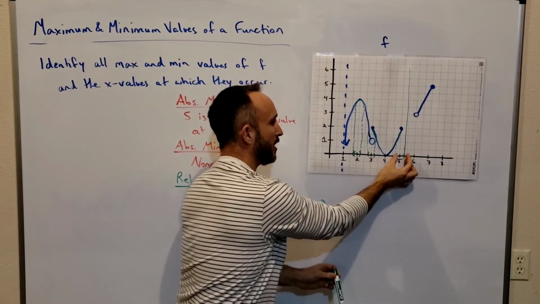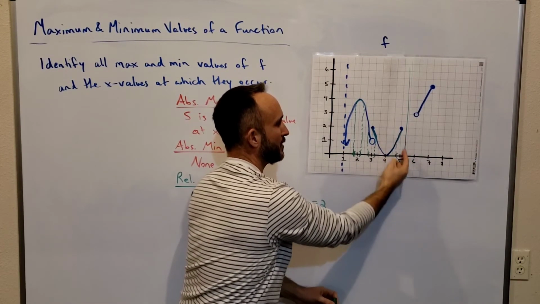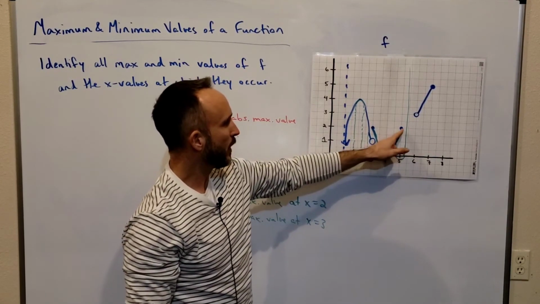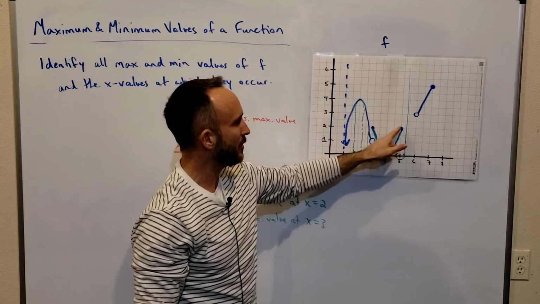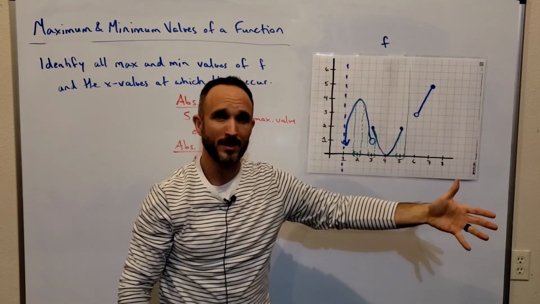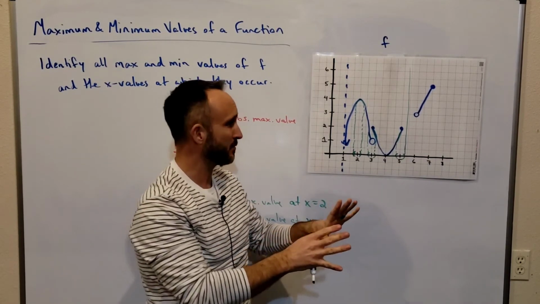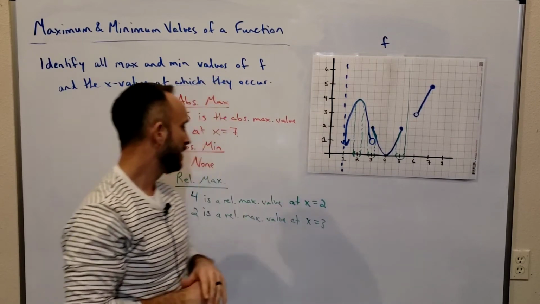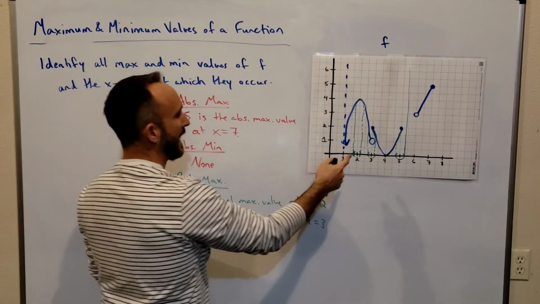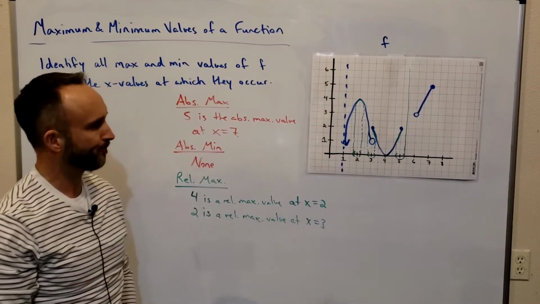But no matter how small I shrink this neighborhood around 5, there are not going to be any y values on the right side of 5. So we can't say that this y value is higher than every other y value on both sides of 5, because there are no y values on the right side of 5. You probably need to pause the video and write some notes to yourself about this, because that's one of the trickier aspects of relative maxes and mins. So we do not have a relative maximum value of 2 at x equals 5 here.